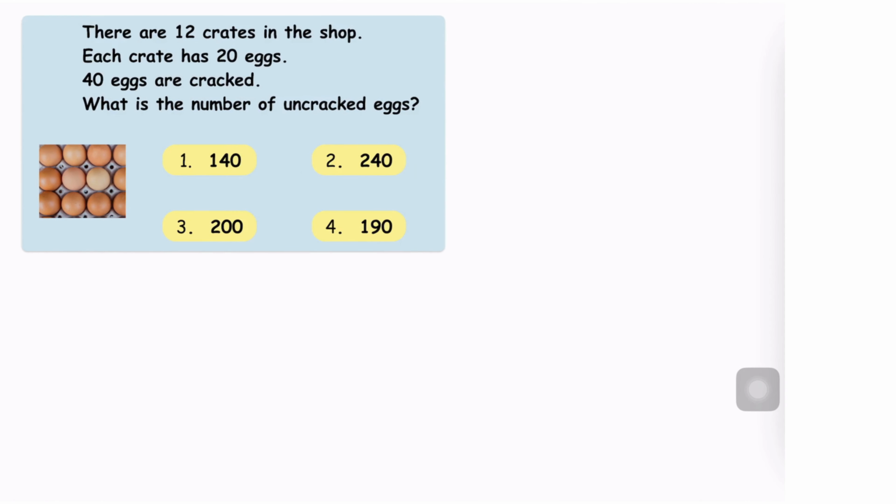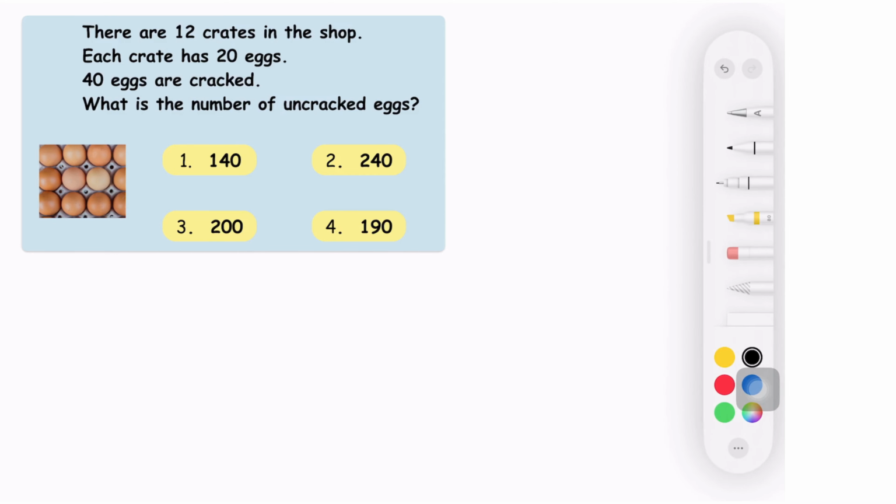Okay, so let's try to solve this question together. There are 12 crates in the shop, so let's try to draw a crate here. This could be our imaginary crate.